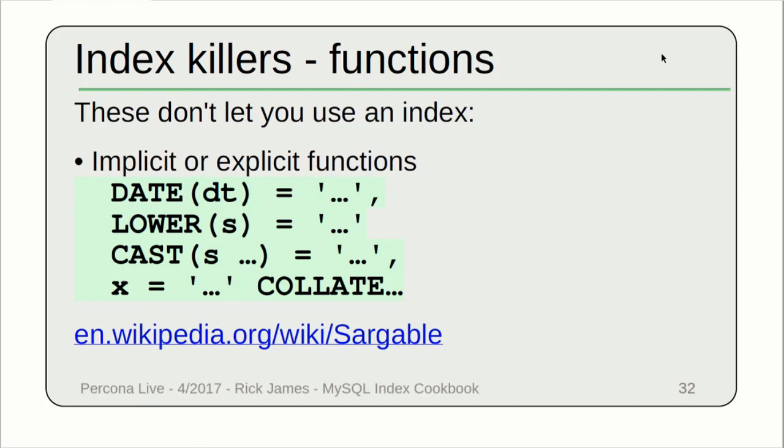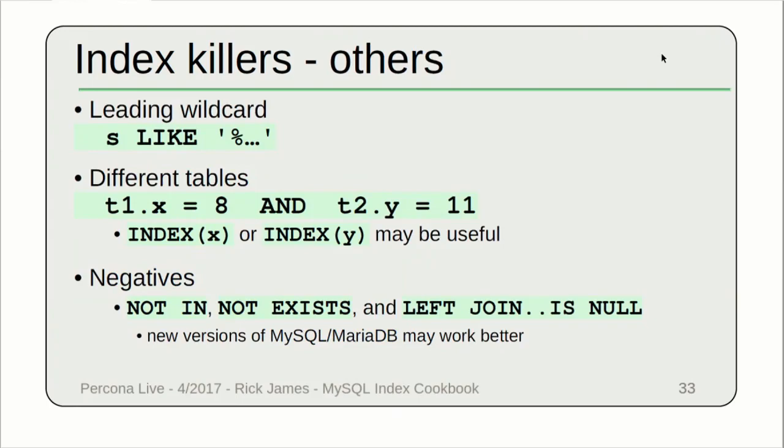That's essentially a function on X. It prevents the index from being usable for optimization. A good discussion of what this is about is the term sargeable, and see Wikipedia for what that means. Nice discussion.